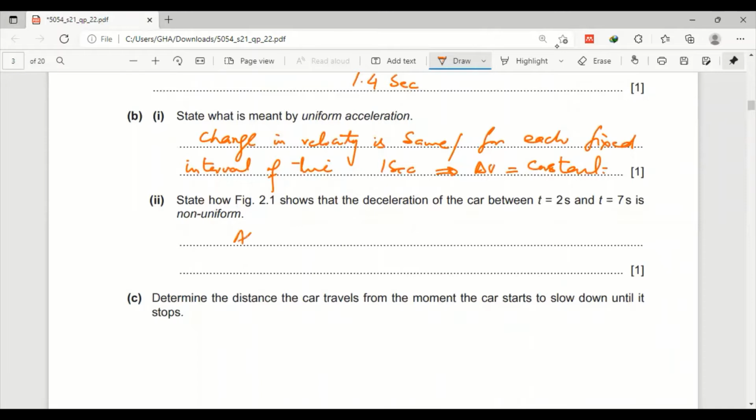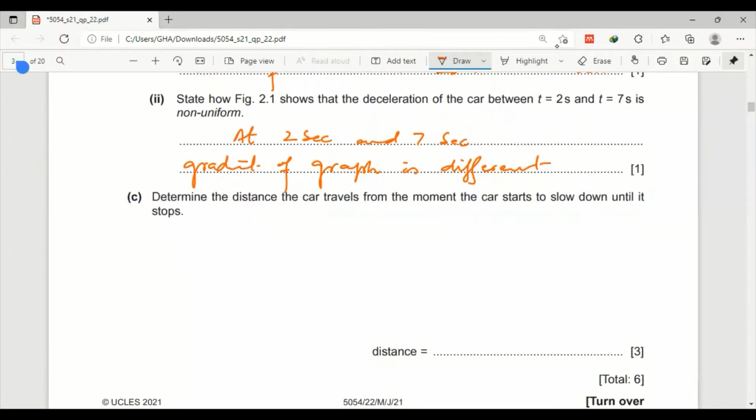So at 2 seconds and 7 seconds, the gradient of the graph is different. That's why the acceleration is not uniform.